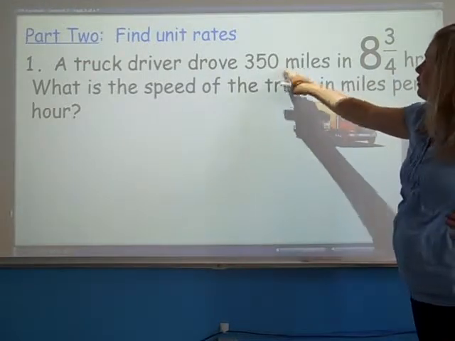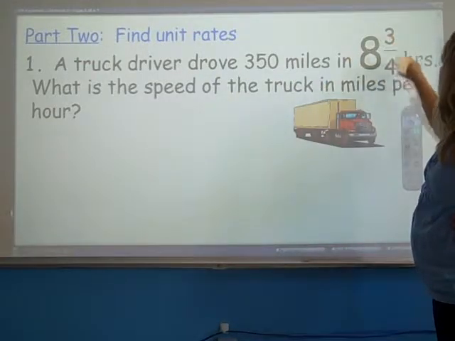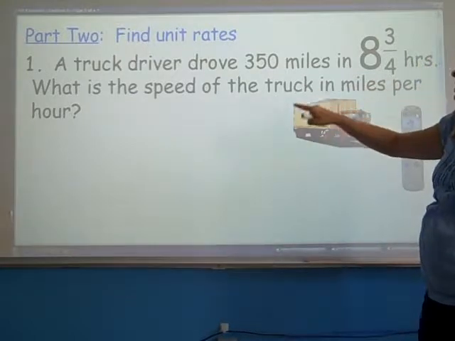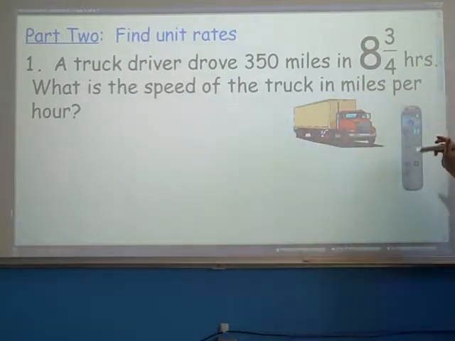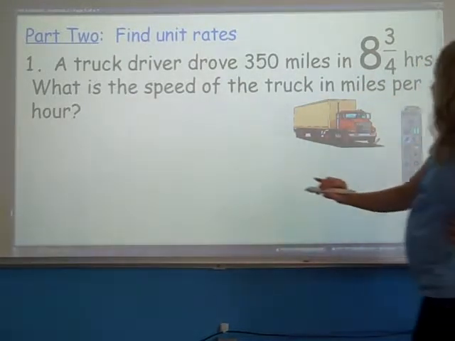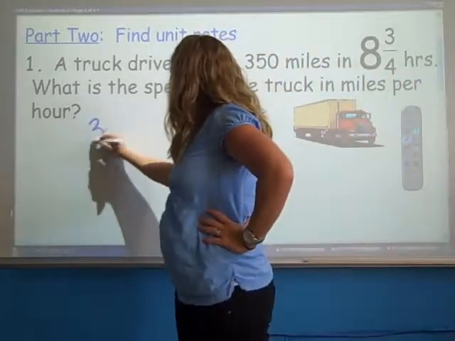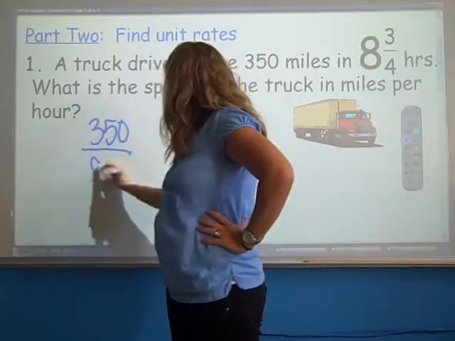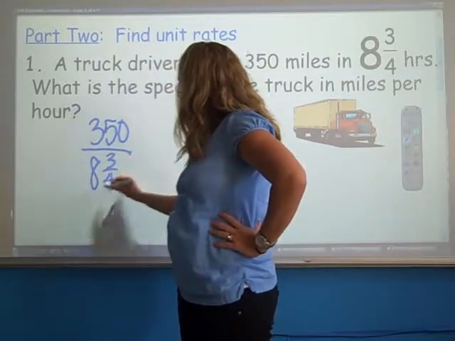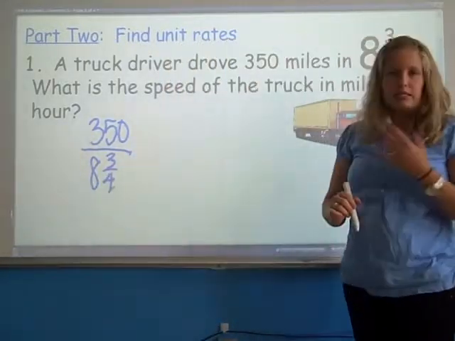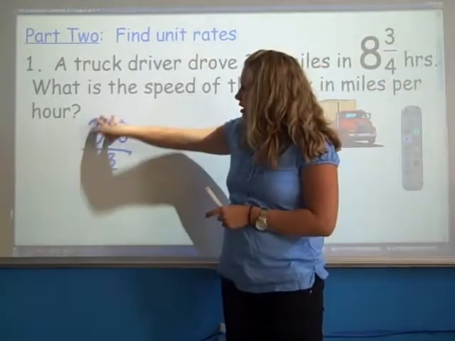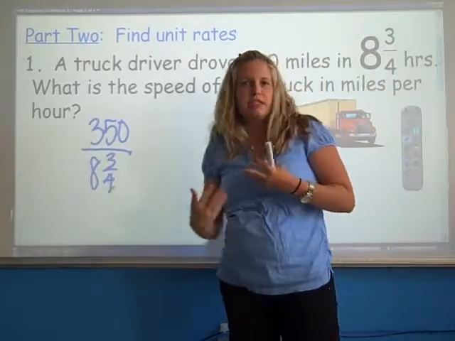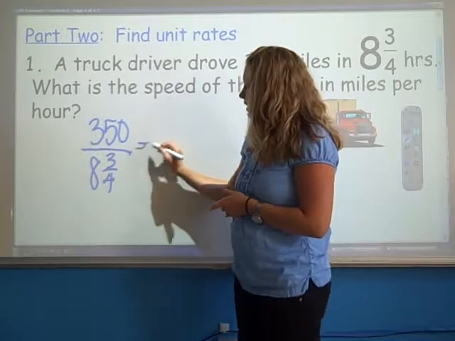A truck driver drove 350 miles in 8 3/4 hours. What is the speed of the truck in miles per hour? So what they want us to do is 350 miles divided by 8 3/4 hours. Now this is a complex fraction because we have a fraction inside of our fraction, so we need to simplify that.